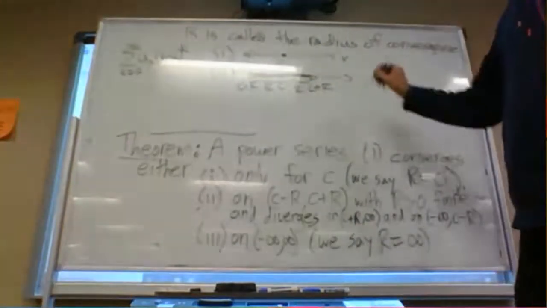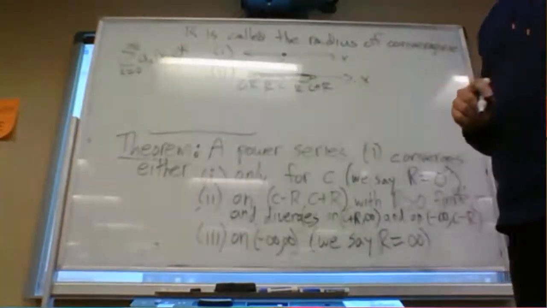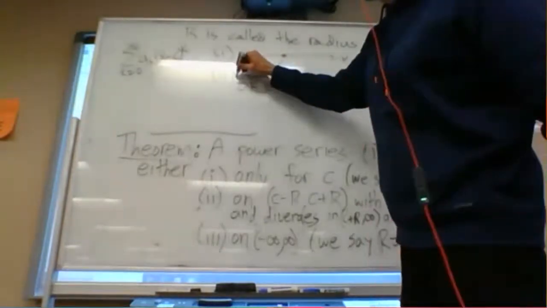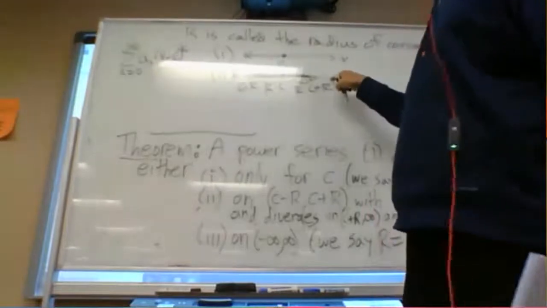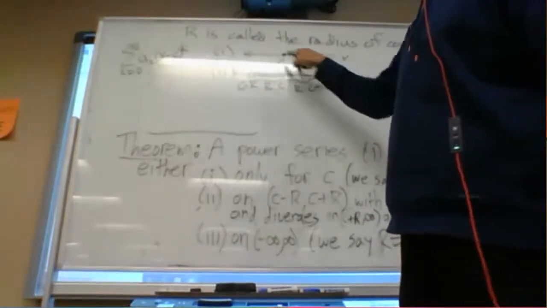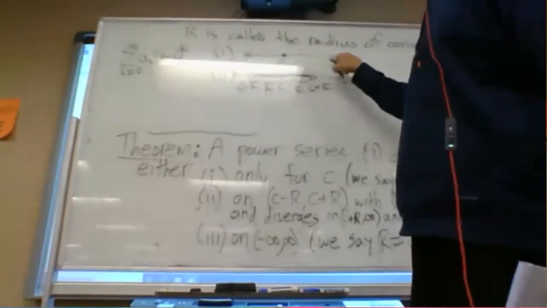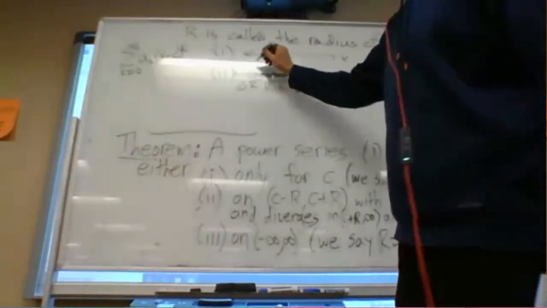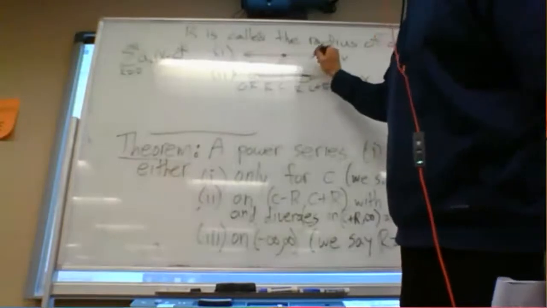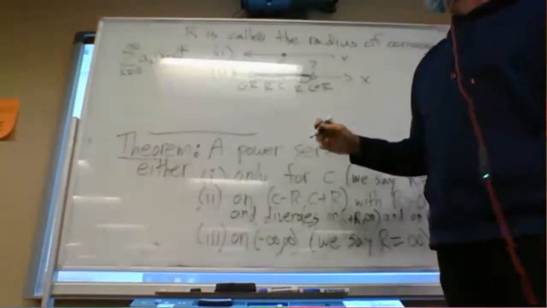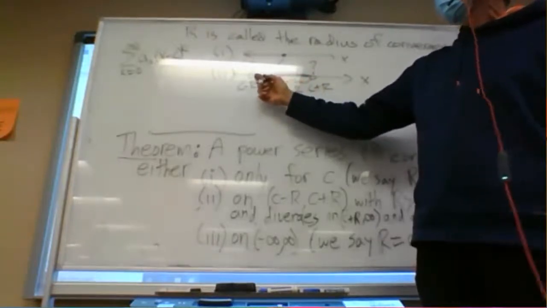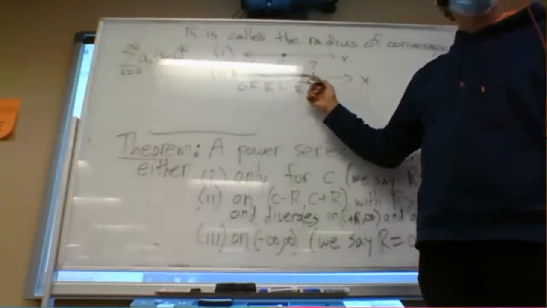So it converges on this interval at least, omitting the endpoints, and those values of x it converges for. And then it diverges on this interval over here and this interval over here. So I've shaded the places where it converges, except these two points right here, we don't know. Sometimes it converges and sometimes it doesn't at those two points. That's the idea. But isn't that interesting?